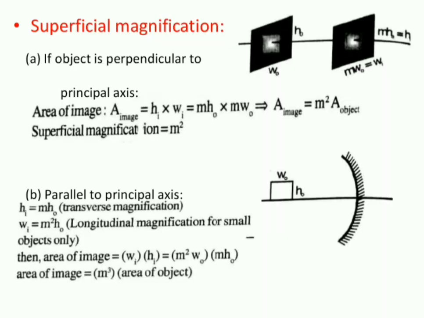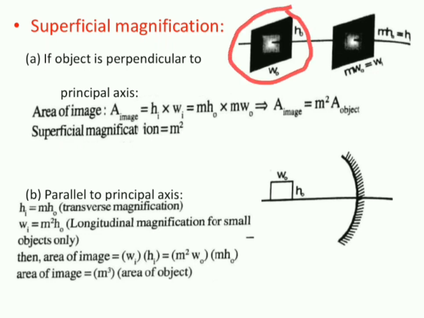Now superficial magnification or areal magnification, that is magnification of area. When areal magnification is asked, again two cases will arise. How did you keep the object with respect to principal axis? If you have kept the object perpendicular to principal axis like in the first figure, height of the object is h naught, width of the object is w naught. We know height of image by height of object is minus v by u, or transverse magnification is m.